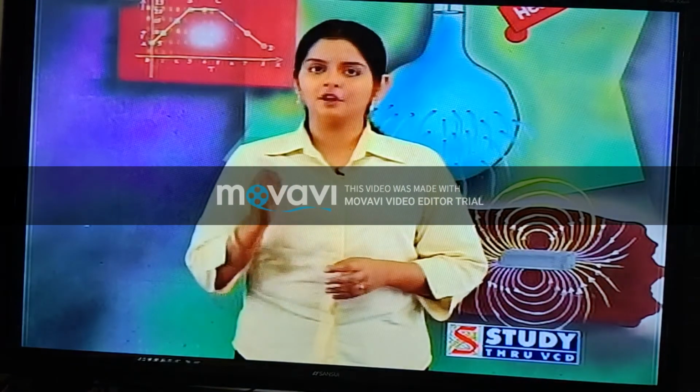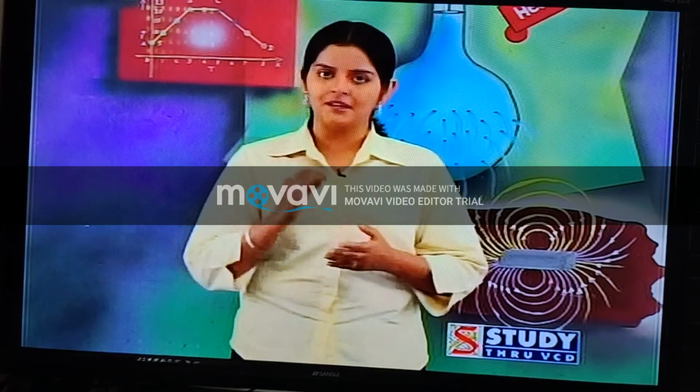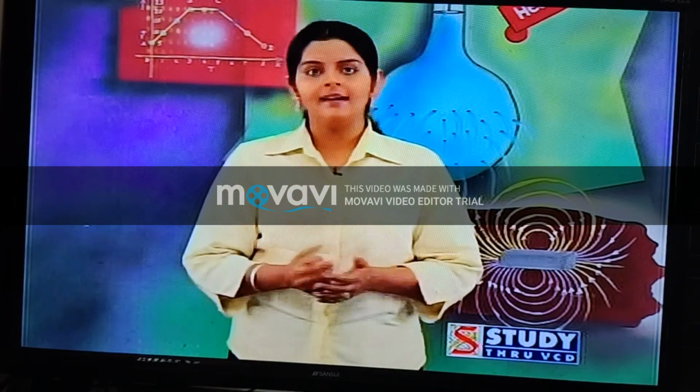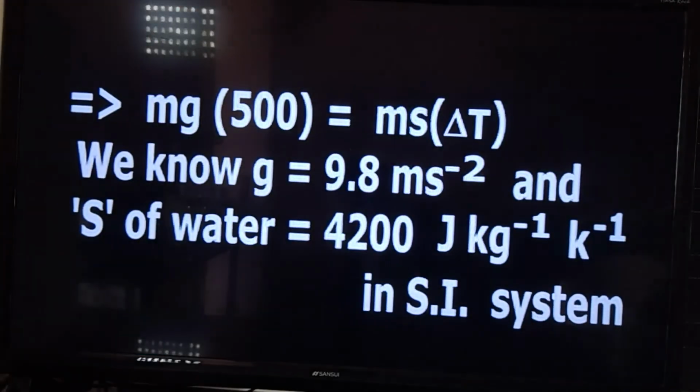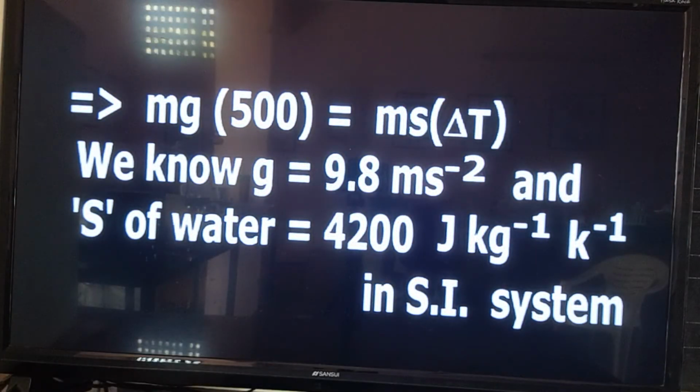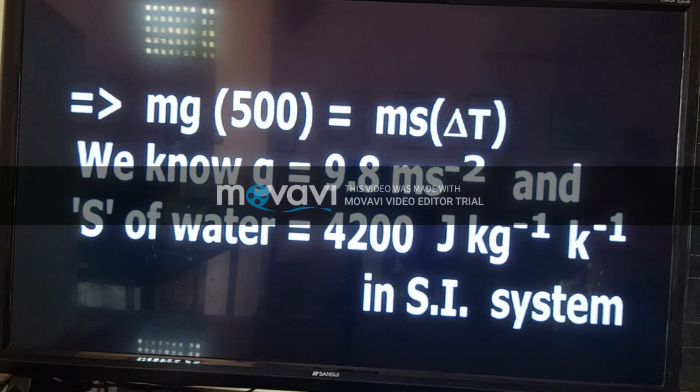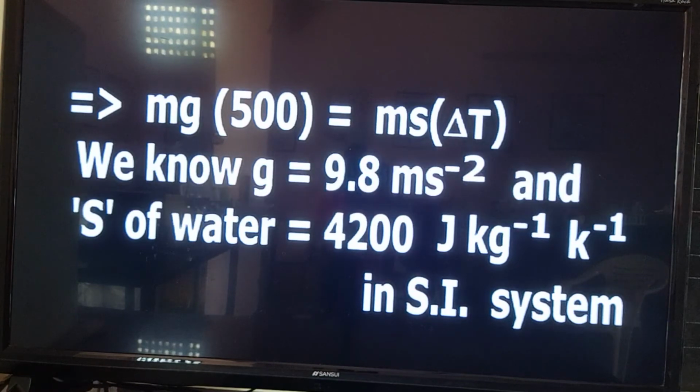At the bottom, if the whole energy is converted into heat energy, then H equals m s ΔT. That implies mg into 500 equals m s into ΔT. We know g equals 9.8 meters per second square and s of water equals 4200 joules per kg per Kelvin in SI system.